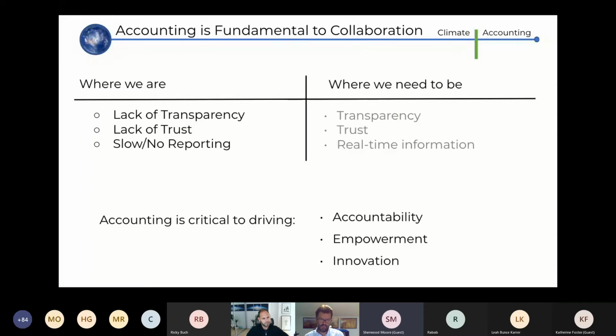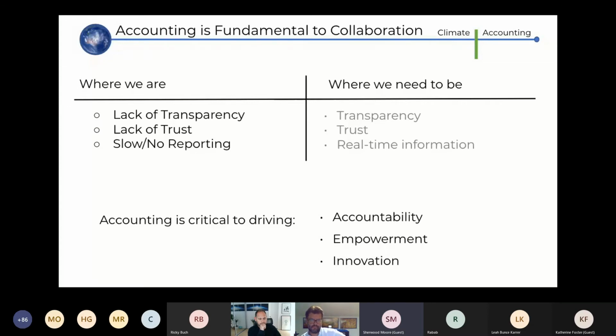And the reason for this is that shared accounting tools help groups come together and have transparent access to the same information, trust that information is going to be correct, and access to update information so they can make informed decisions. And so this provides a foundational effect.